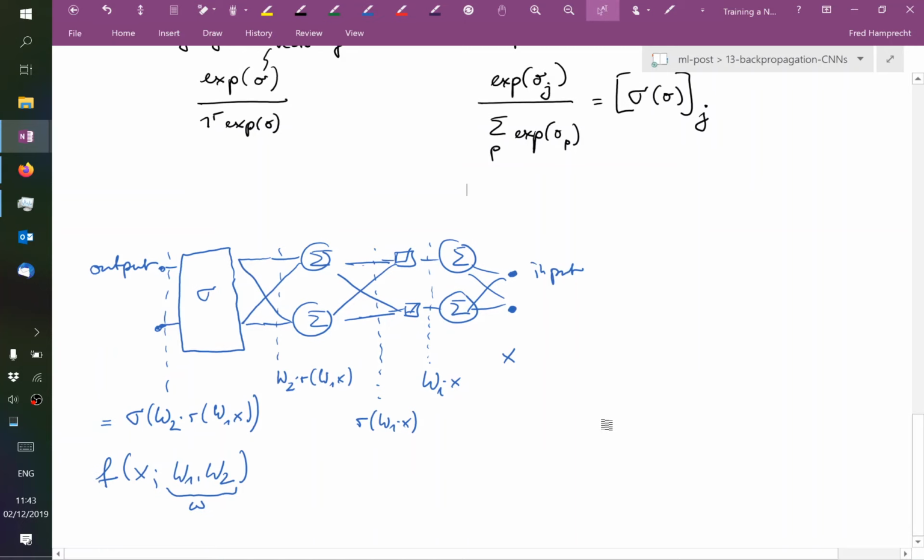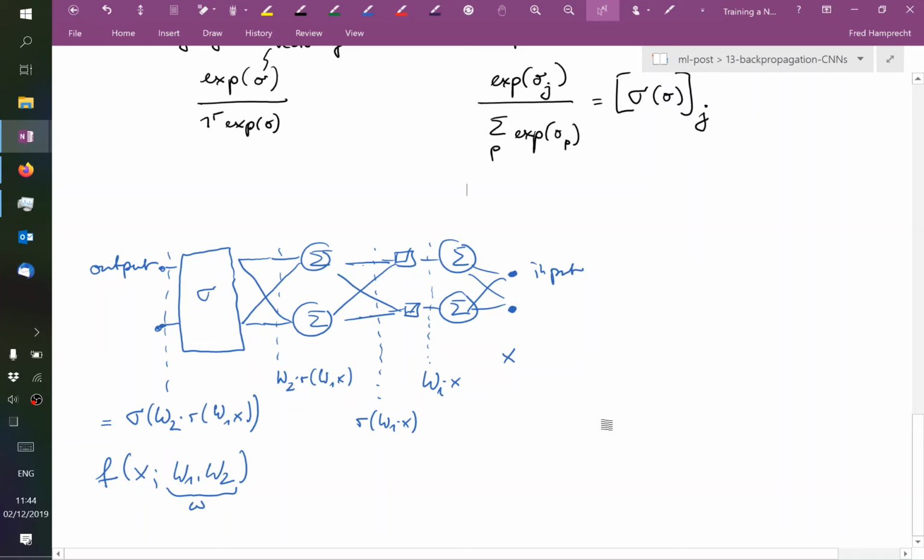Okay, so the typical architecture, as you see everywhere in the literature, would always have a linear operation, ReLU inside the network, and then at the very end, if you want to do classification, just the softmax. All right, good.